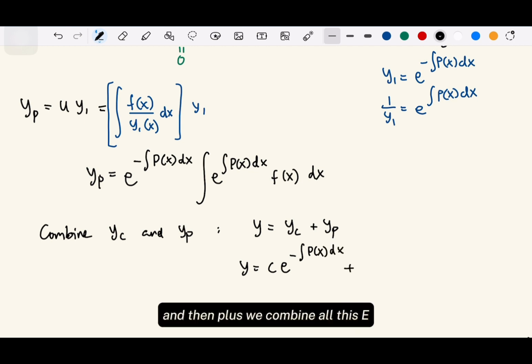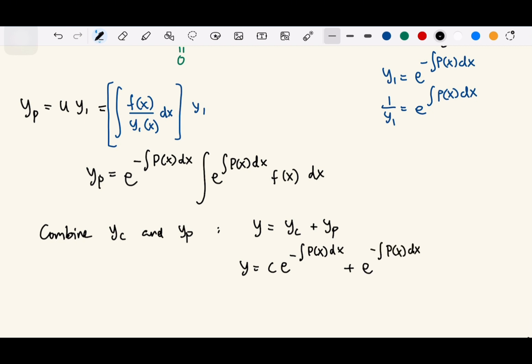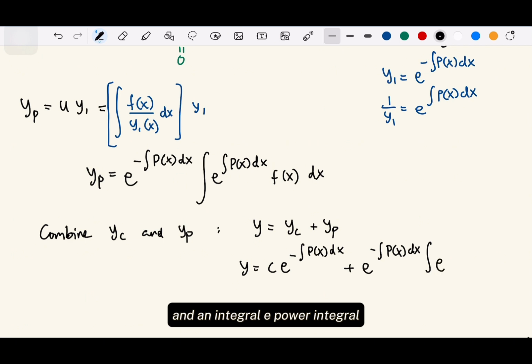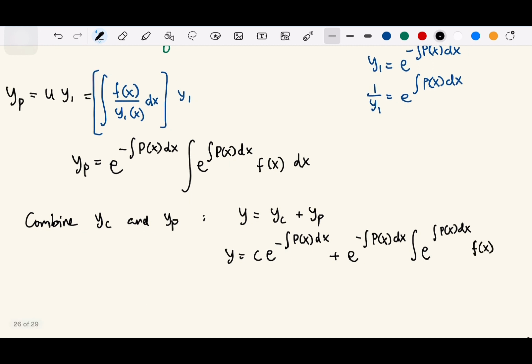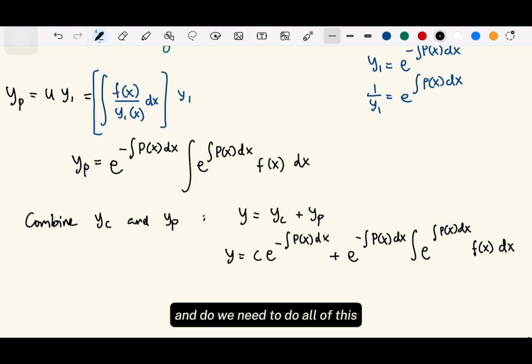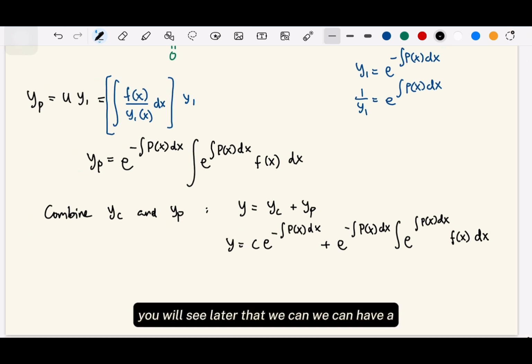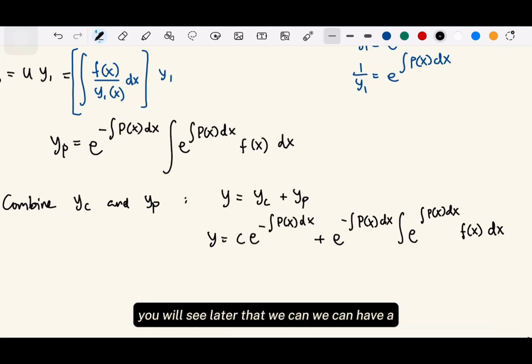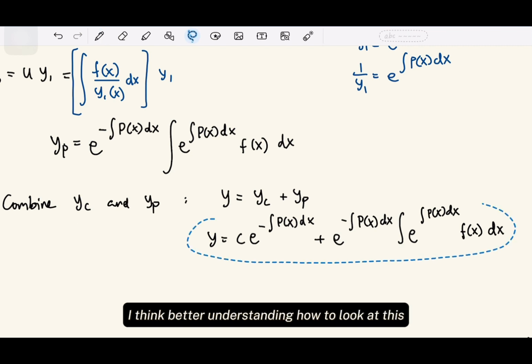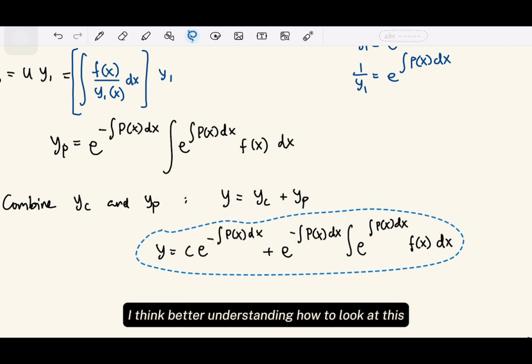And then plus we combine all of this, e with power negative p x dx, and then the integral of e power integral. It seems really complicated, right? And do we need to do all of this? You will see later that we can have a better understanding of how to look at this.